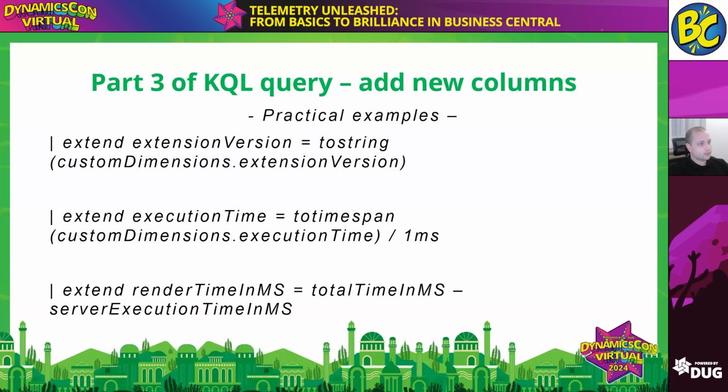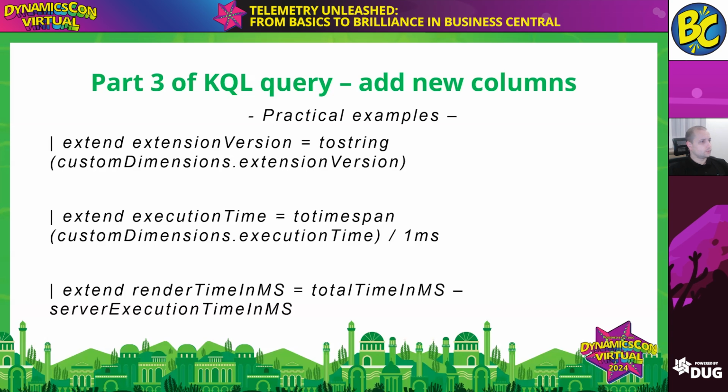And here, in the first example, we are getting the extension version. So if we want to get the extension version as a new column, we can parse it from the custom dimensions, convert it to a string, and store it in the new column extension version.